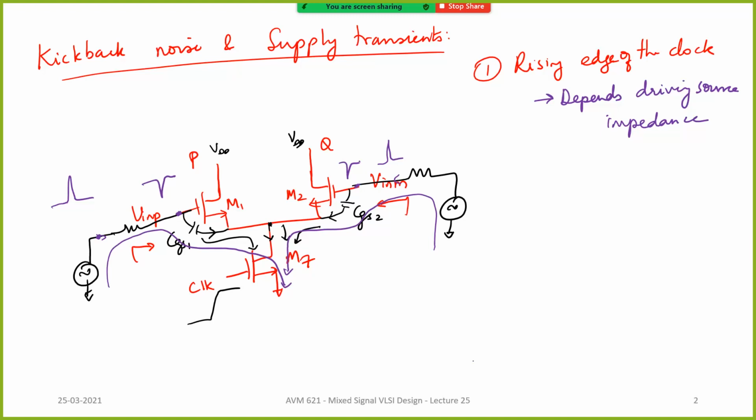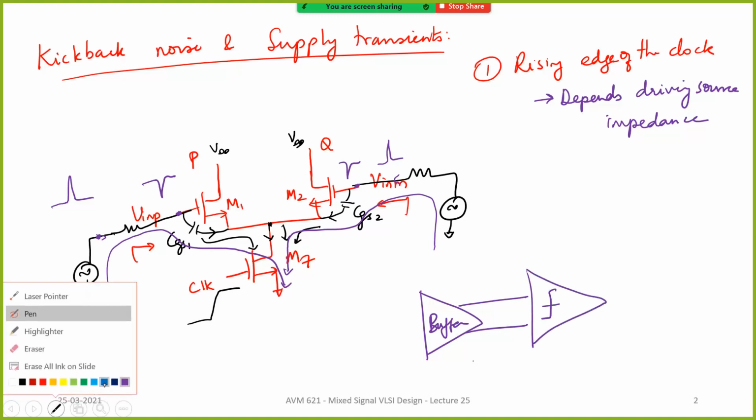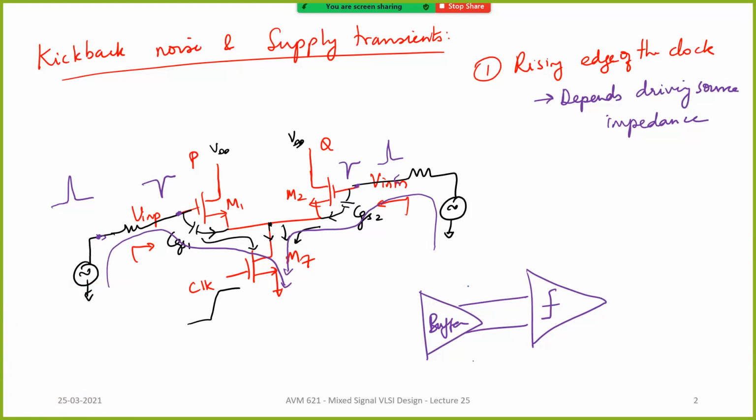For example, let's say this is your buffer going to your comparator. If you look at the voltage at this node, let's say it is like this, it will basically have a small glitch. These are what are called kickback noise or kickback transients.